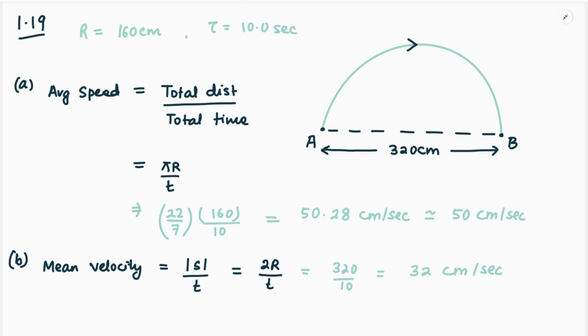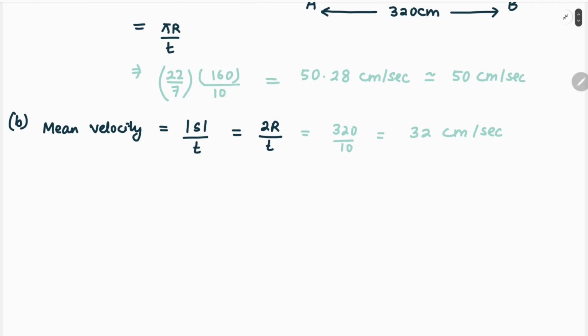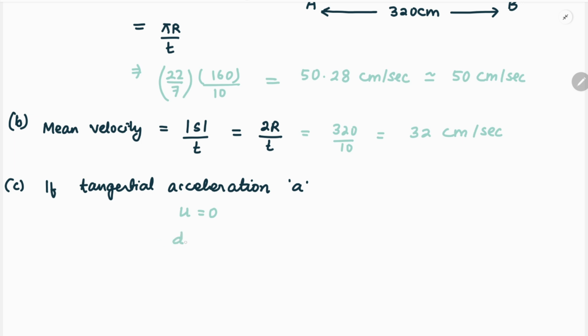So if we assume that the particle starts from rest and the tangential acceleration is a, then if it starts from rest, the distance traveled is equal to half a t square, and therefore from here we can write a equals 2d by t square, and v equals at.